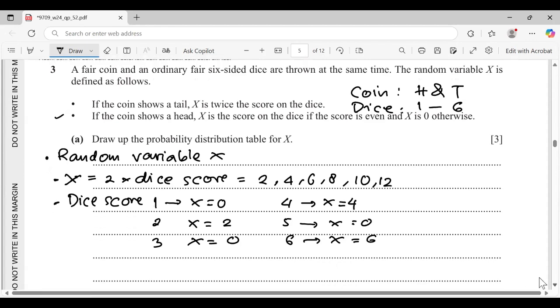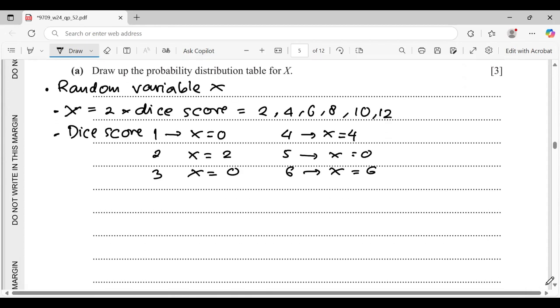Hold on first. The total possible x values from these cases are 0, 2, 4, 6, 8, 10, and 12.